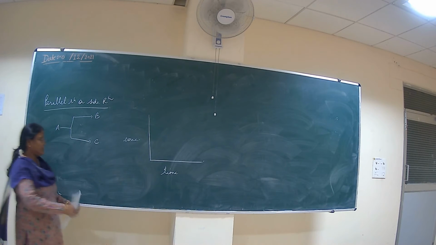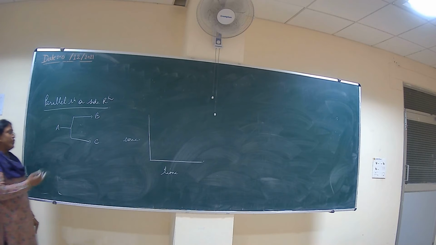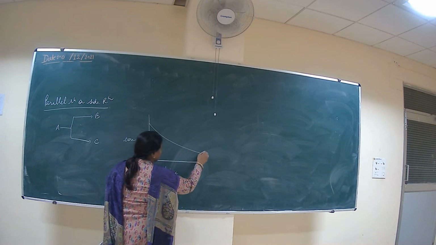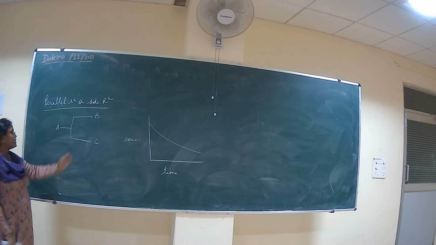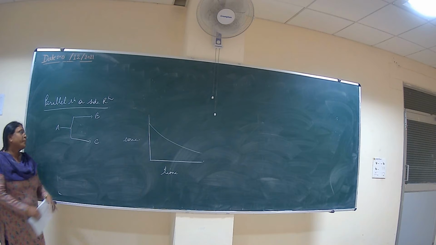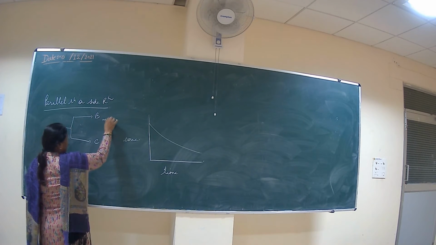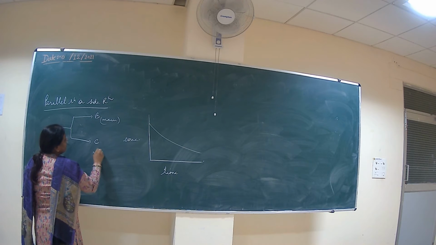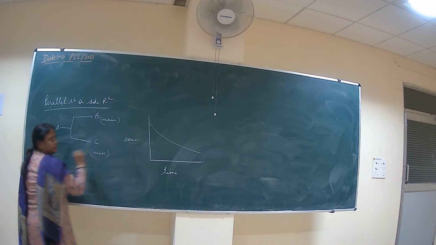So for this reaction, the concentration of the reactant decreases because A is converted into both B and C. Suppose B is the main or major product and C is the minor product.